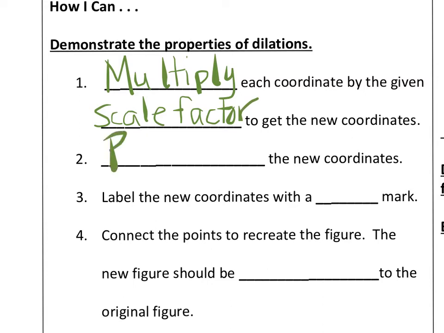You'll plot the new coordinates. Make sure you label each new coordinate with a prime mark. Connect the points to recreate the figure. And this is what I was talking about earlier. The new figure will be similar to the original figure, not congruent. It should be the same shape, but it'll be a different size.